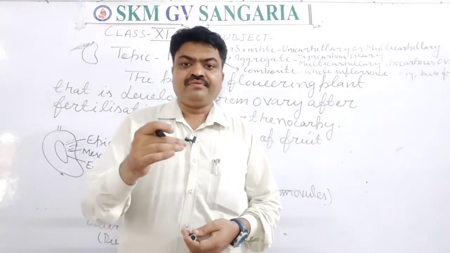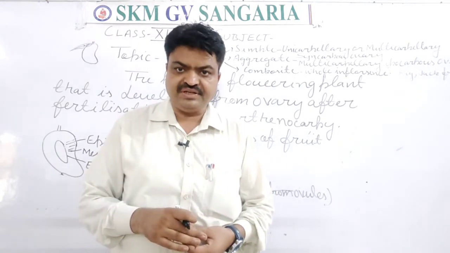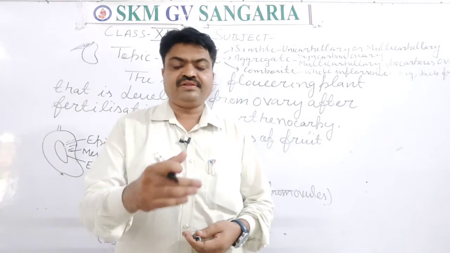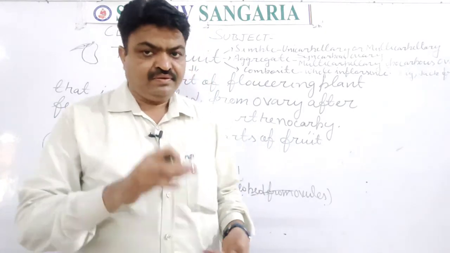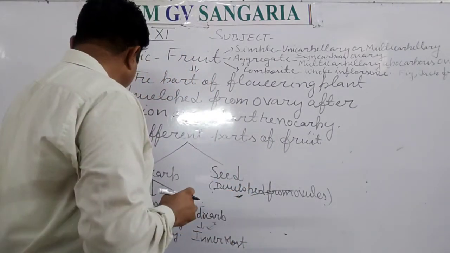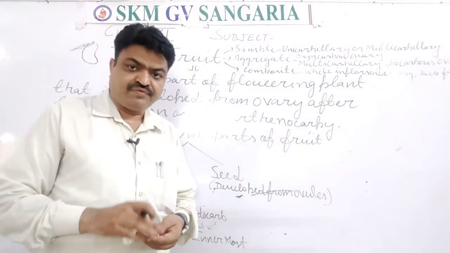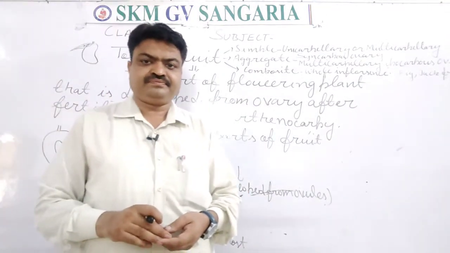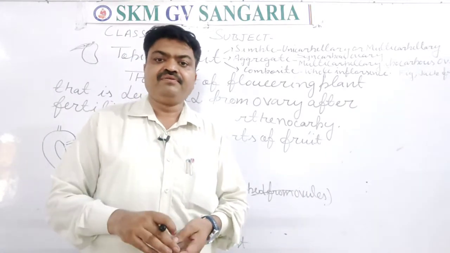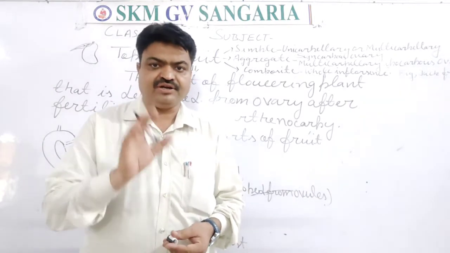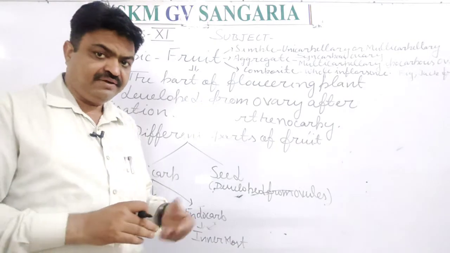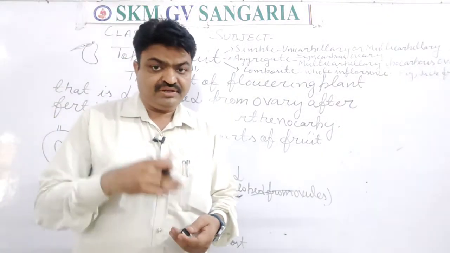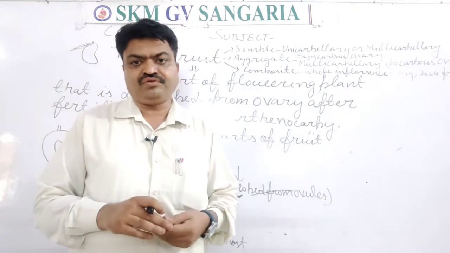And with the help of the seed, we get the new plant or the new sapling. So it is the innermost part of the fruit, students, and it is developed from the ovules. It means the seed is developed from the ovules after fertilization, like the fruit is developed from the ovary. So it is about the structure of fruit, students.